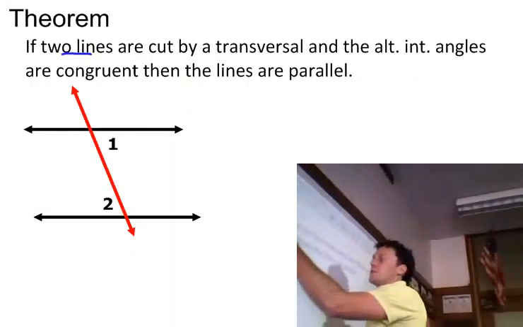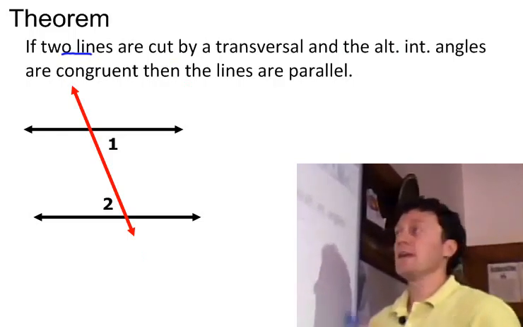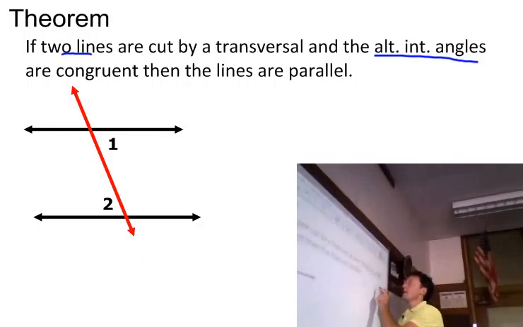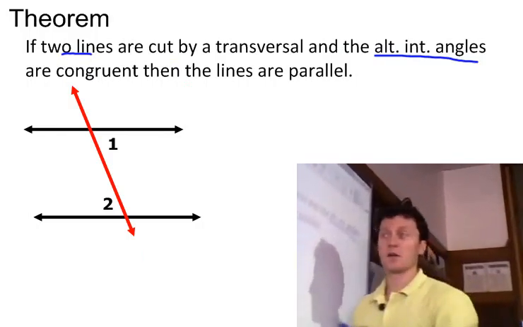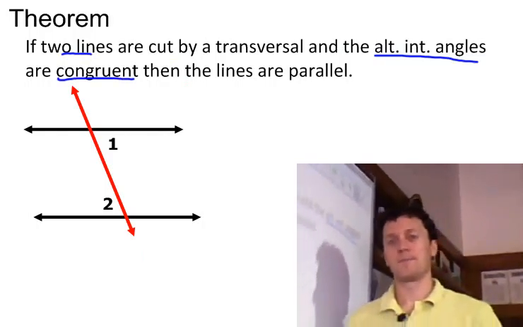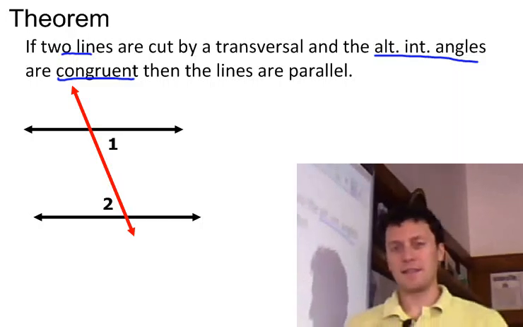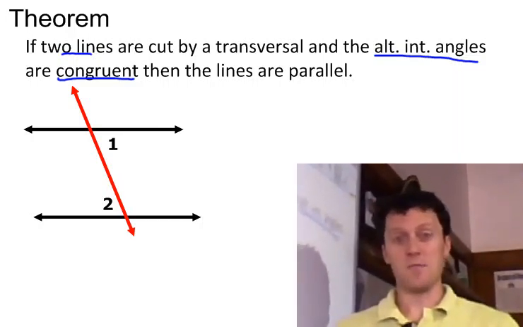Again, if you've got these two lines and they're being cut by a transversal, if you find out that the alternate interior angles are congruent, then you've got parallel lines. Hopefully you're seeing how this is just like the last section, but the converse of those statements.